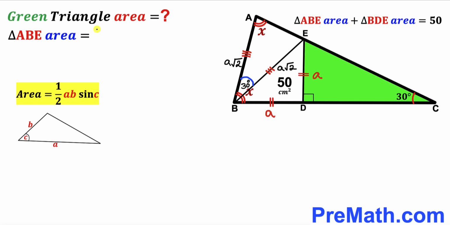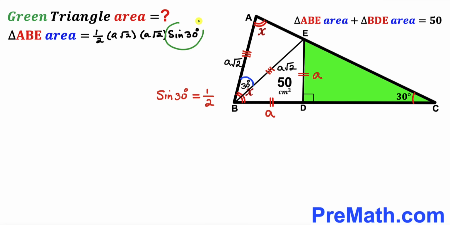So therefore the area of this triangle ABE is going to be a half times a times square root of 2 times a times square root of 2 times sine of angle 30 degrees. And now we know sine of 30 degrees is 1 divided by 2. So therefore I'm going to replace this sine of 30 degrees with 1 divided by 2 over here.